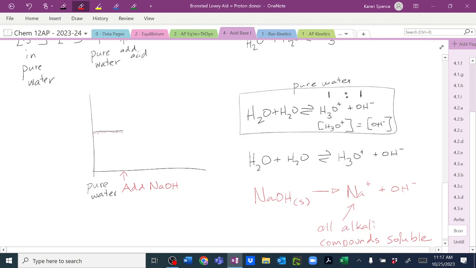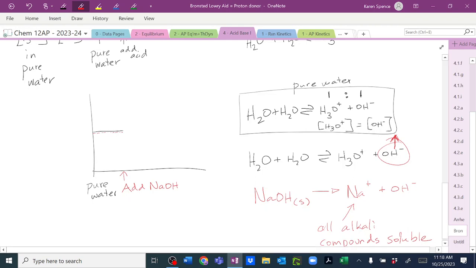So we've added NaOH. What have we changed that relates to the equilibrium? Concentration of hydroxide has gone up. Therefore, which way will this shift?